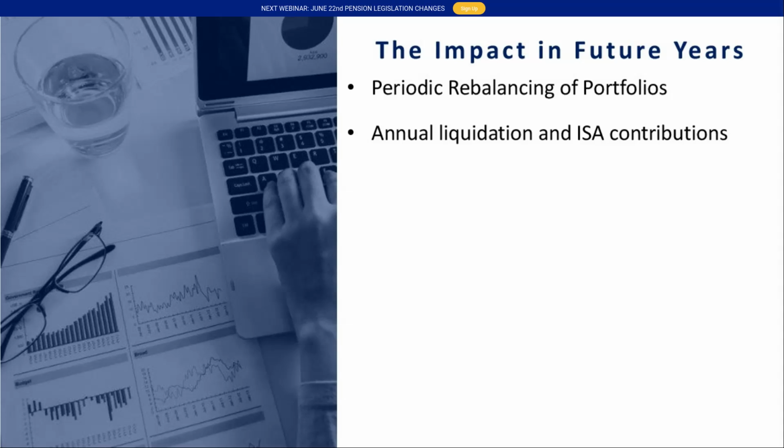Last thing I'll say in this regard is that advisors do play a critical role in helping clients who are trying to maximize their annual exempt amounts or this year's allowances, and in helping keep future liabilities to a minimum. So those are the changes, and that's the capital gains tax landscape at the moment.